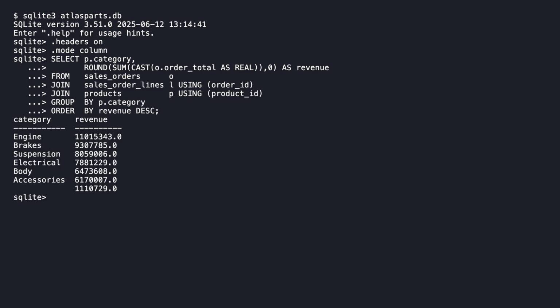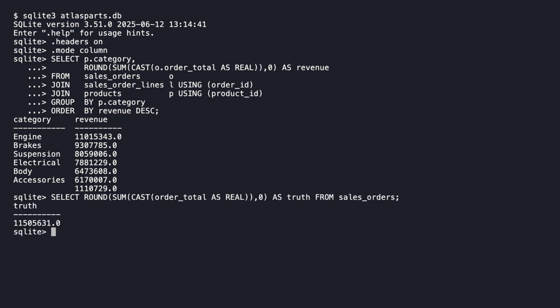The dashboard renders. The number is wrong. Total comes back at $50 million. Something is off, because the company didn't book $50 million. $11.5 million. That is the truth. The buggy query was wrong by a factor of 4.3.